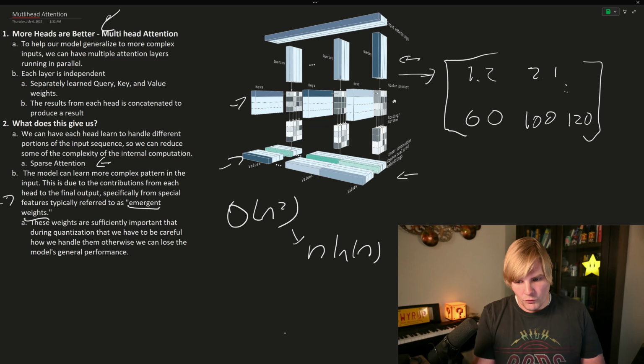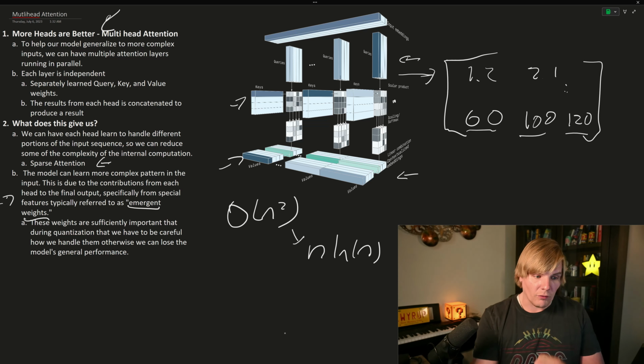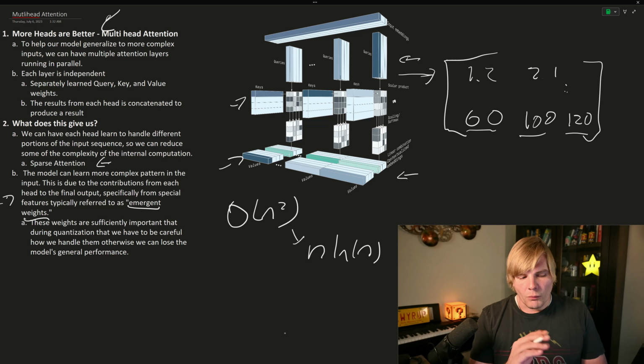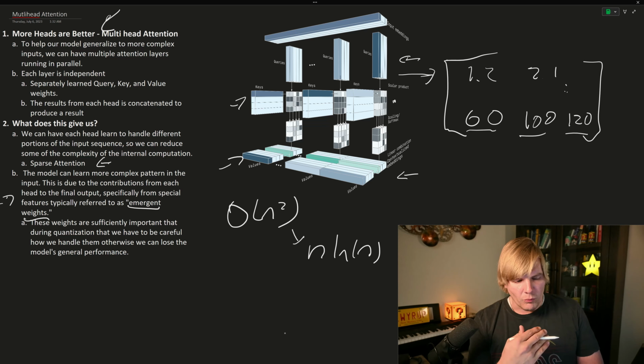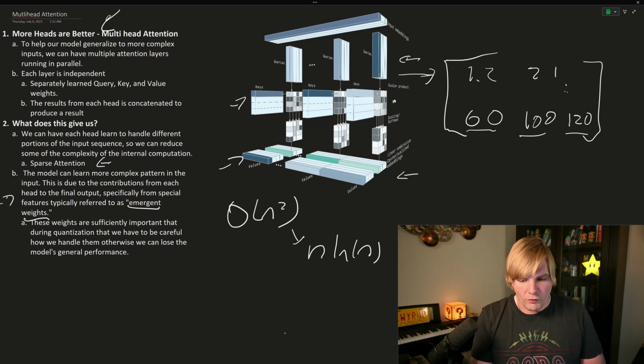These are called emergent weights. If we try to quantize these, and if you'd like to learn more about quantization, check out our video here, they're very important. If we change these during the quantization process, our model falls apart. It really can't compute completions as well as it was. So we have to be careful with them, because they really seem to be what lets our model be as performant as it is.